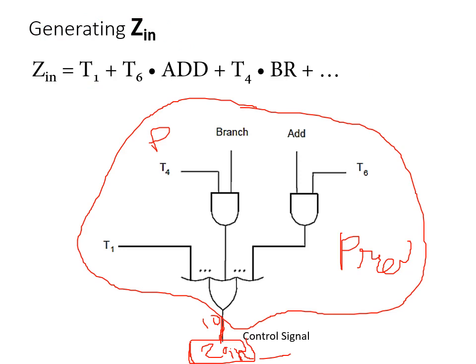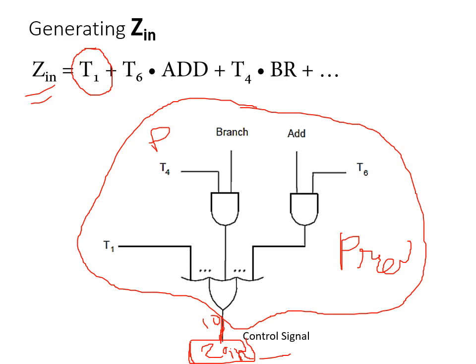So there is a circuit. See, T means time, or clock cycle. Roughly we can say it is clock cycle for understanding purposes. Now we know that ZIN must be activated at the first clock cycle T1, irrespective of any instruction, because for every instruction at the first clock cycle ZIN must be executed, that is common.